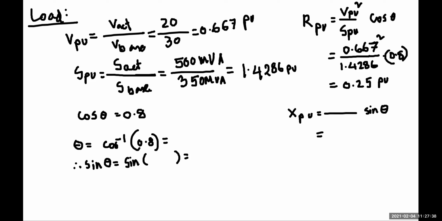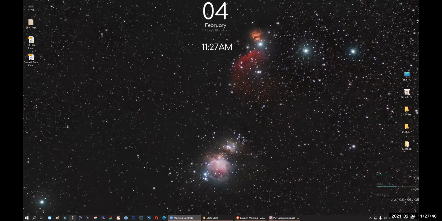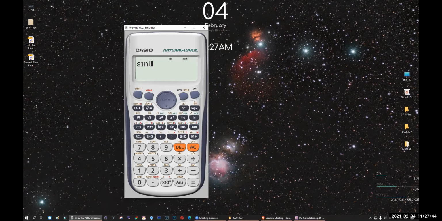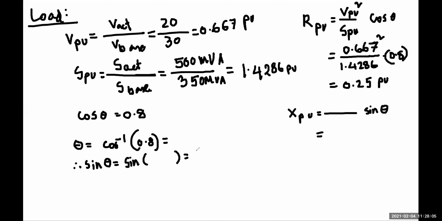Let me show you this calculator. So how do I find out? See, sine, shift, cos inverse, 0.8, bracket close. You got the sine value, 0.6, okay? Directly. Can you see that? You can find out directly, so you do not have to do it elaborately. 0.8, 0.6 actually.